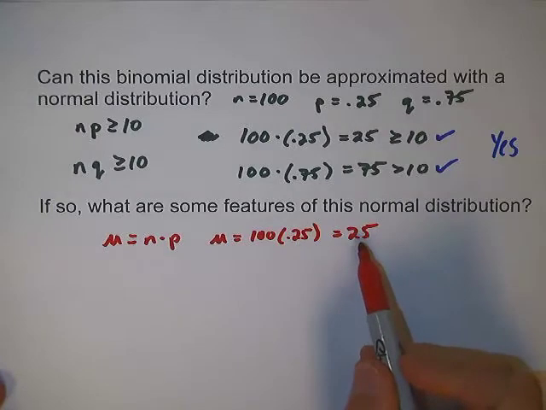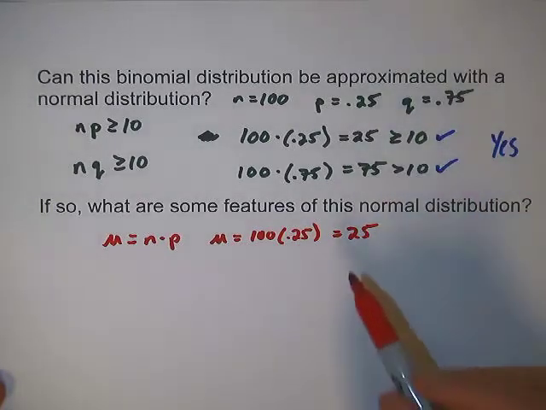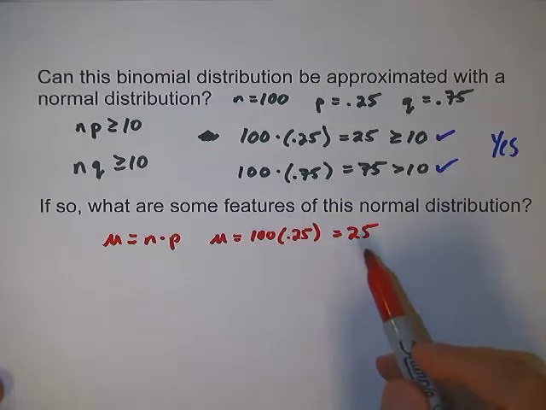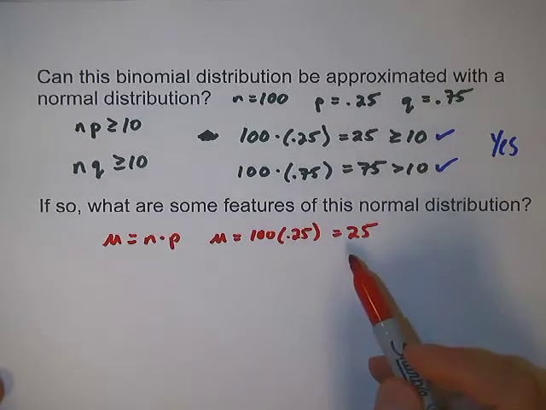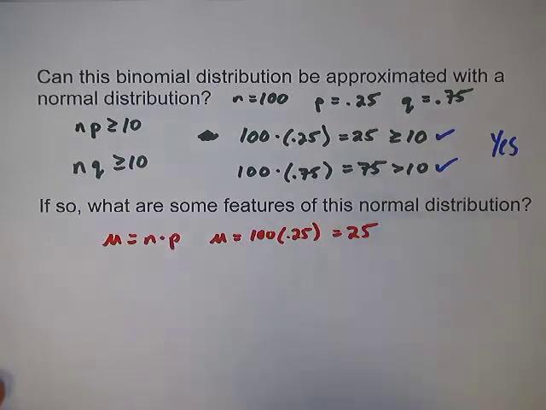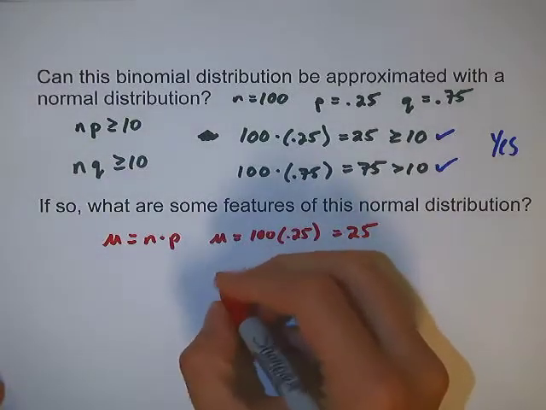We would expect out of the 100 people we ask, 25 will pay their credit card in full. That number should make sense: if 25% of 100 people pay their credit card bill in full, 25 of those people will be the ones that pay in full.